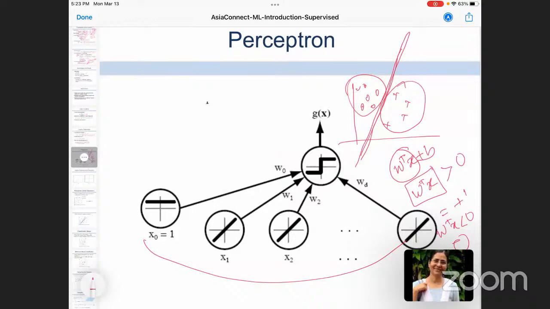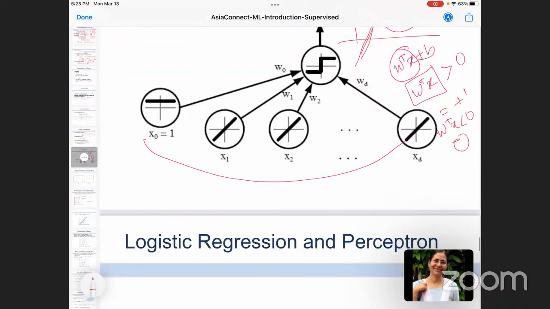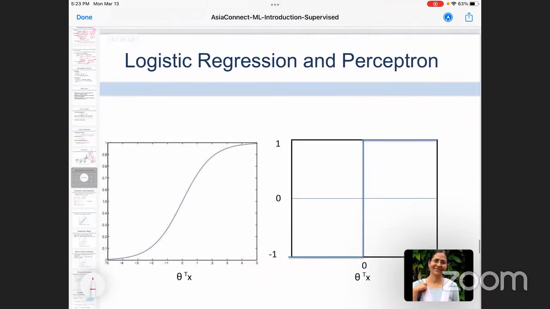So you have to find a line. So what is the difference between logistic regression and perceptron? Here you can see logistic regression gives you a probability. This is a probabilistic line, 0.0, 0.1, 0.2. Perceptron gives you just a clear-cut boundary. If theta^T x or W^T x is greater than 0, the class label is 1.